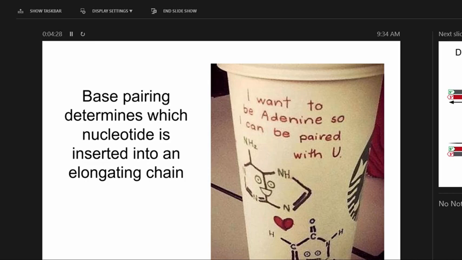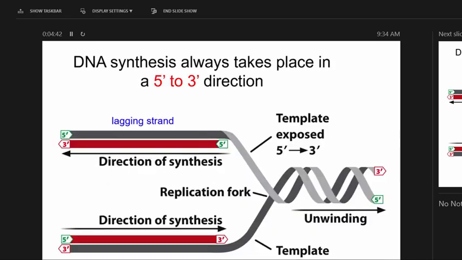And again, the polymerase is dumb. It does not know, it does not read the base sequence and know which nucleotides to add. Instead, like I said, it's whichever one can get close enough due to the base pairing.